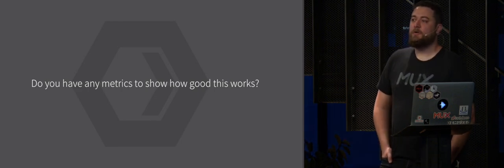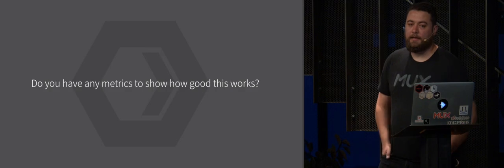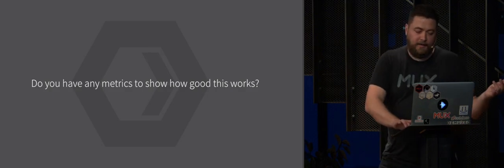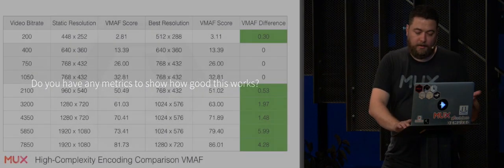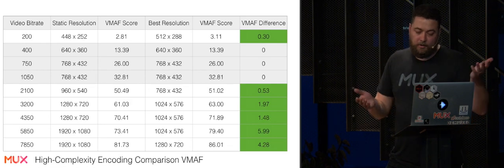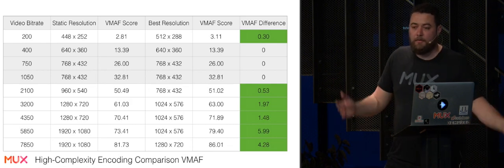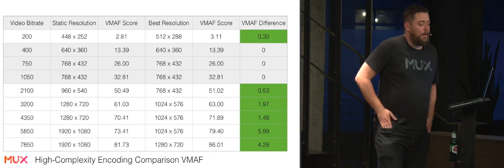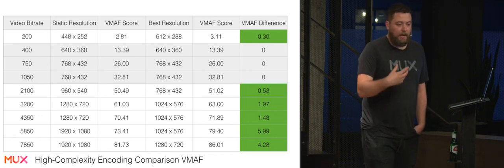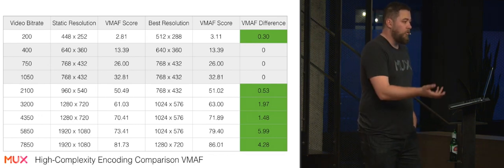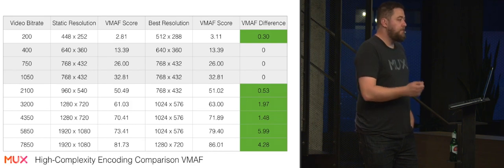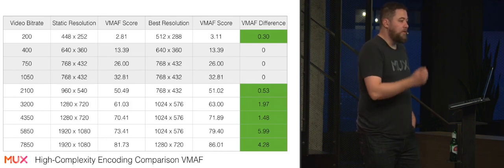basically, on some of the clips, the improvement is like the data I showed here, like for our high complexity stuff, at a lot of the bit rates, it's a mild improvement, but it's still an improvement. What we found is that users were coming to us with content types like screen recordings, and our fixed bitrate ladder for those screen recordings sucked.